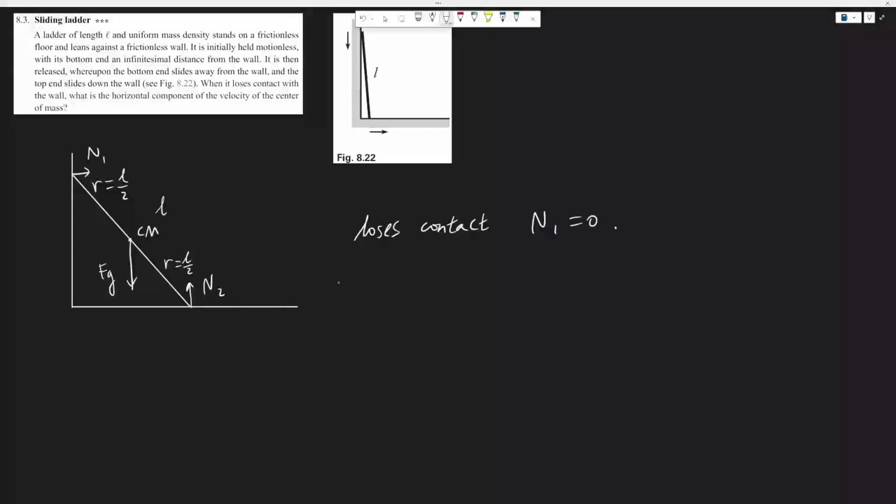So what happens to the horizontal component of the velocity of the center of mass when it's in contact with the wall, or when the ladder is in contact? Well, we know that the net force, F net, in the x direction, is just N1. And as long as N1 doesn't equal 0, the acceleration in x doesn't equal 0.